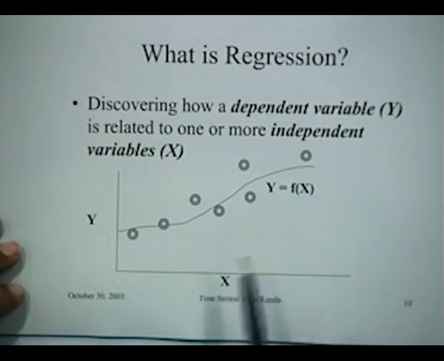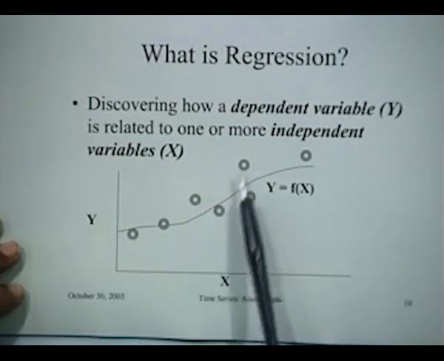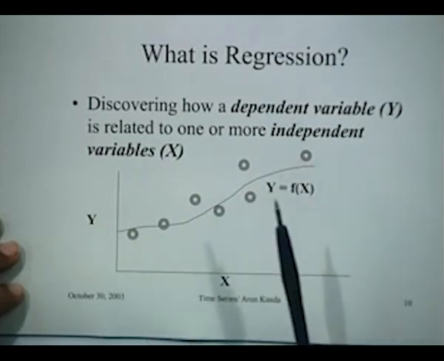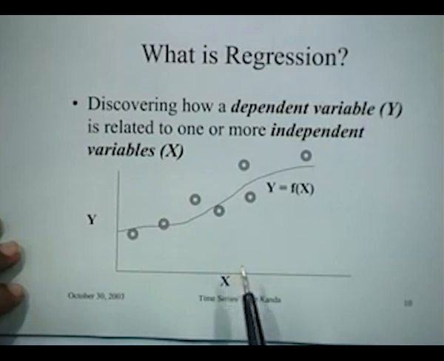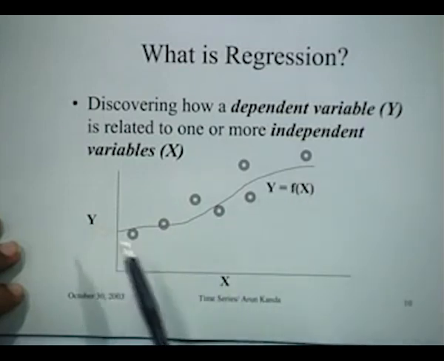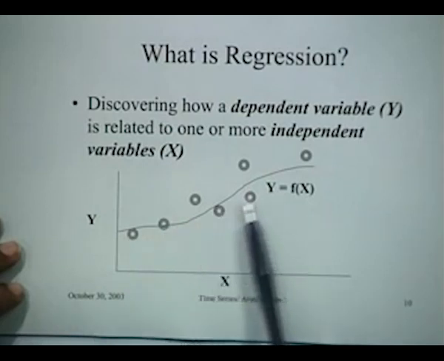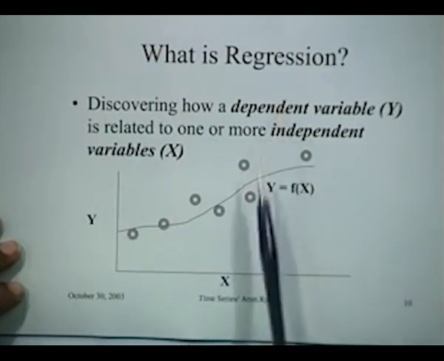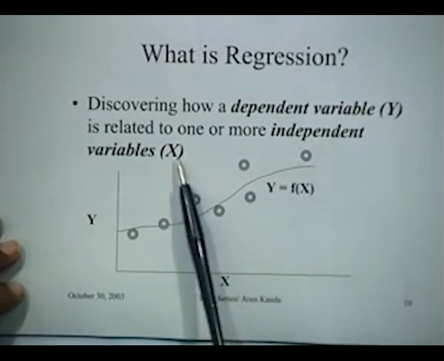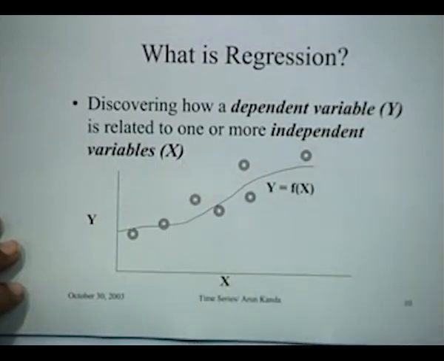So essentially, from the demand history, which is the demand as a function of time that might be available with us, or with y as a function of x in general, we are trying to determine a relationship of the dependent variable y as a function of the independent variable x.